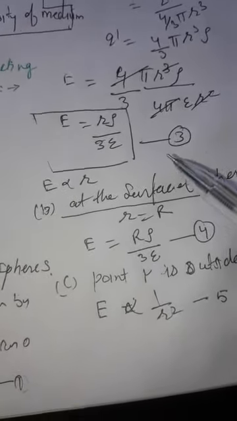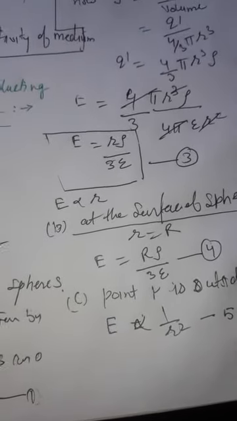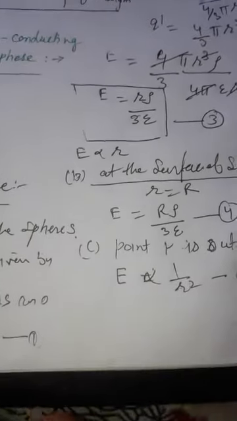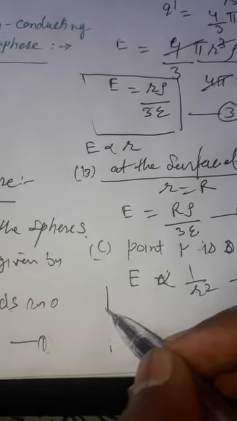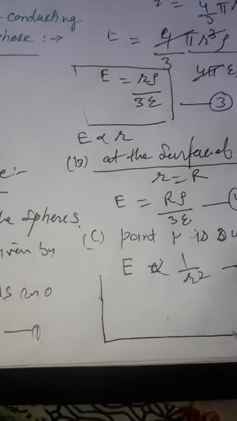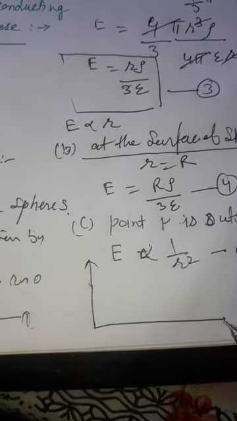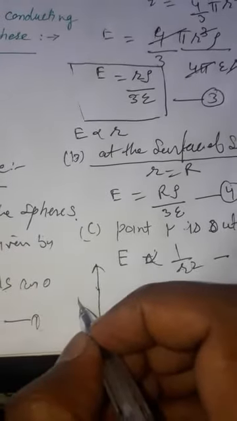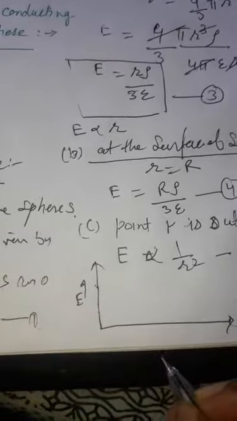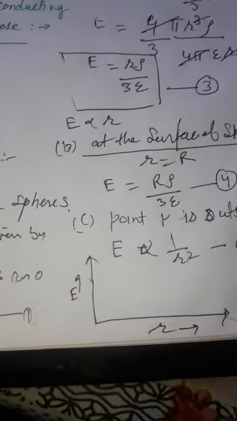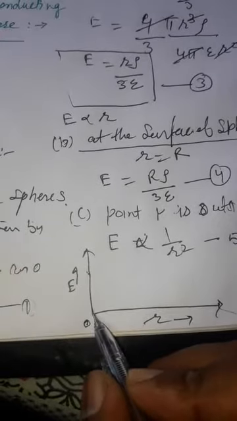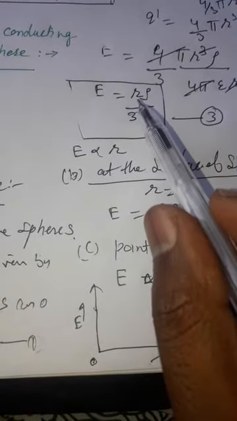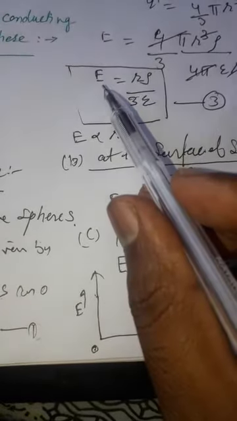Considering equations third, fourth and fifth, we can draw a graph showing the variation of electric field with distance from the center of the sphere. If we take electric field on the y-axis and distance r on the x-axis, then if r is equal to 0 in equation 3, the electric field becomes 0.